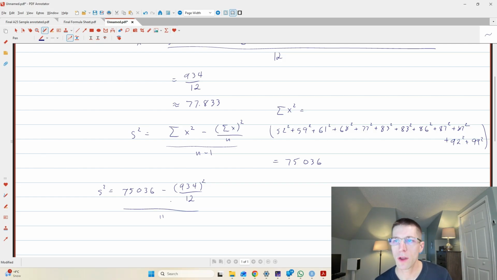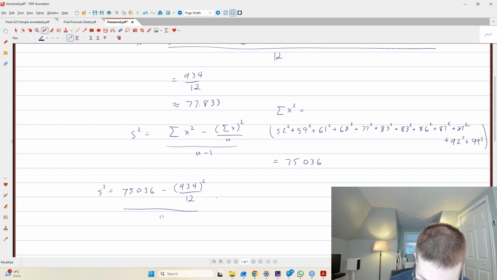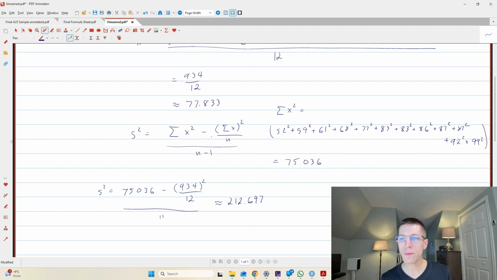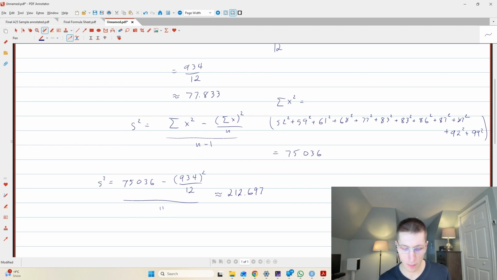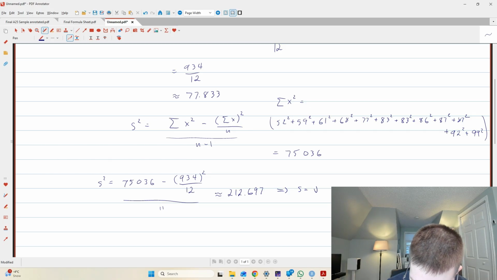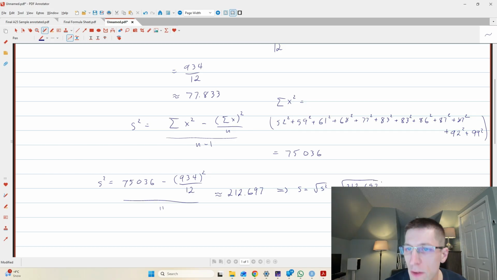So what does that work out to? That works out to about 212.697. And that's my variance. So that means my s, take the square root of s squared. So that's going to be approximately 14.584.